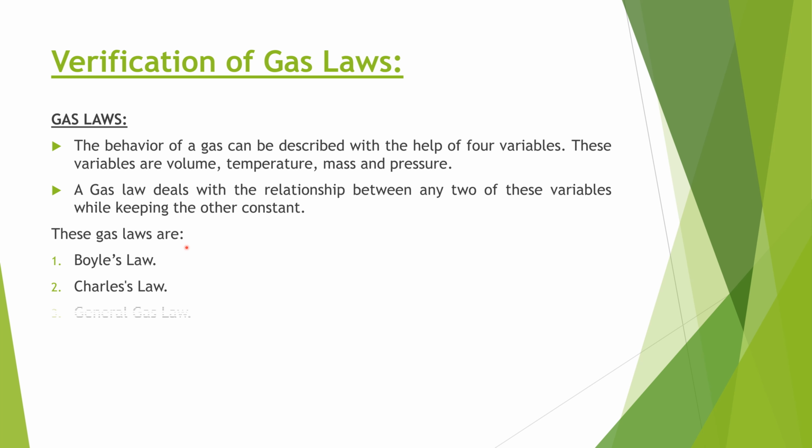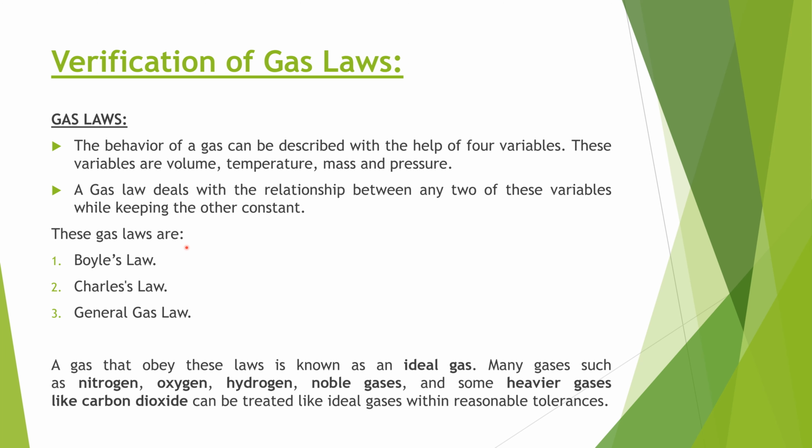So we have Boyle's law, Charles' law, and the general gas law. Now, a gas that obeys these laws is known as an ideal gas. We have nitrogen, oxygen, hydrogen, noble gases, and heavier gases like carbon dioxide. We can treat these gases as ideal gases within a reasonable tolerance.